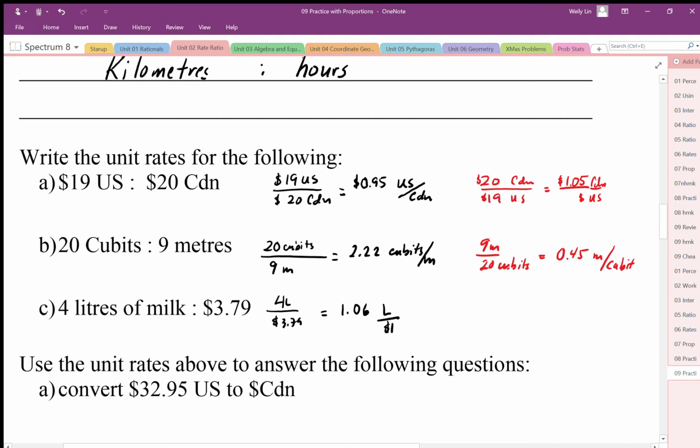Okay, liters per dollar. Okay, we can write the reciprocal ratio as well. It's going to be $3.79 divided by 4 liters. When I do that, 3.79 divided by 4, I get 0.0948 dollars per liter. Okay, so that's dollars for every liter.